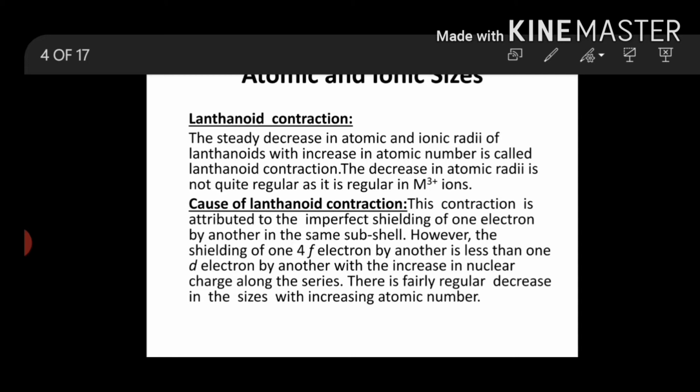Therefore, there is a gradual increase in the effective nuclear charge experienced by the outer electrons. Consequently, the attraction of the nucleus for the electrons in the outermost shell increases as the atomic number of lanthanoids increases and the electron cloud shrinks. And this results in gradual decrease in size of lanthanoids with increase in atomic number.